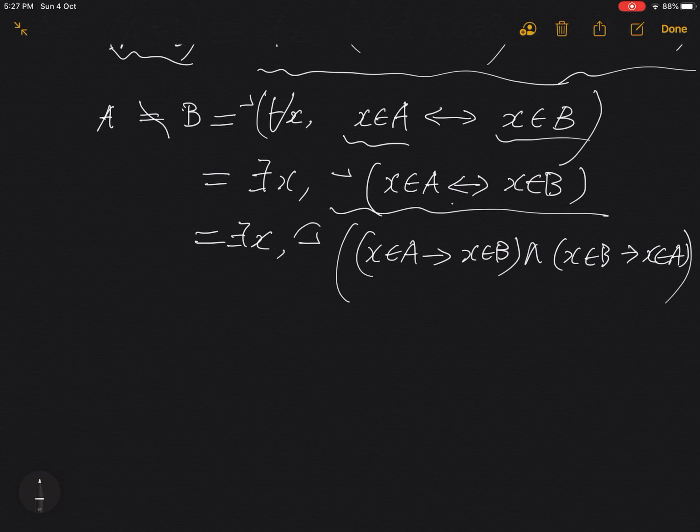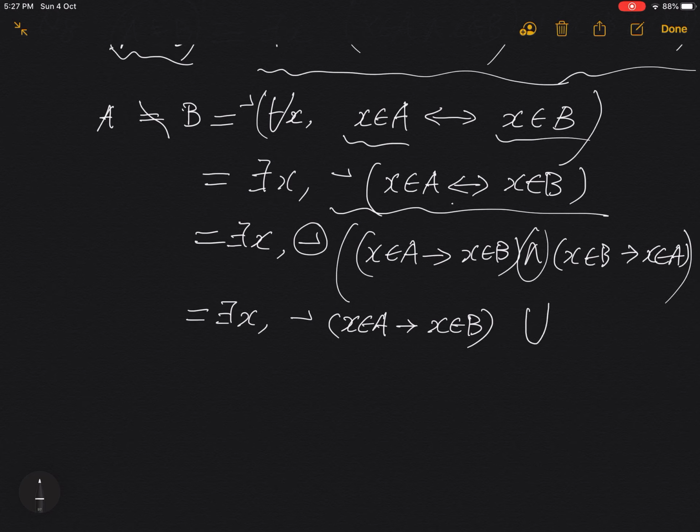And if we take the negation inside, we will have, and then we need to change the and to or, right? And the same thing for the second term.